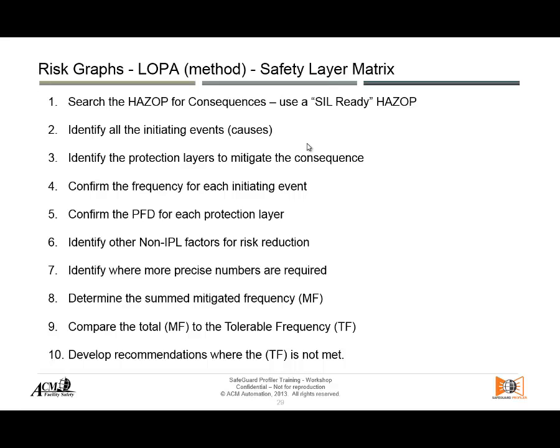So if TF over MF equals 0.1, that would require a safety implemented function with a target of 0.1. This is what happens after we import the HAZOP, if we decide to use layer protection analysis as a methodology to find out whether we need more safeguards or not in order to reduce risk to a tolerable level.